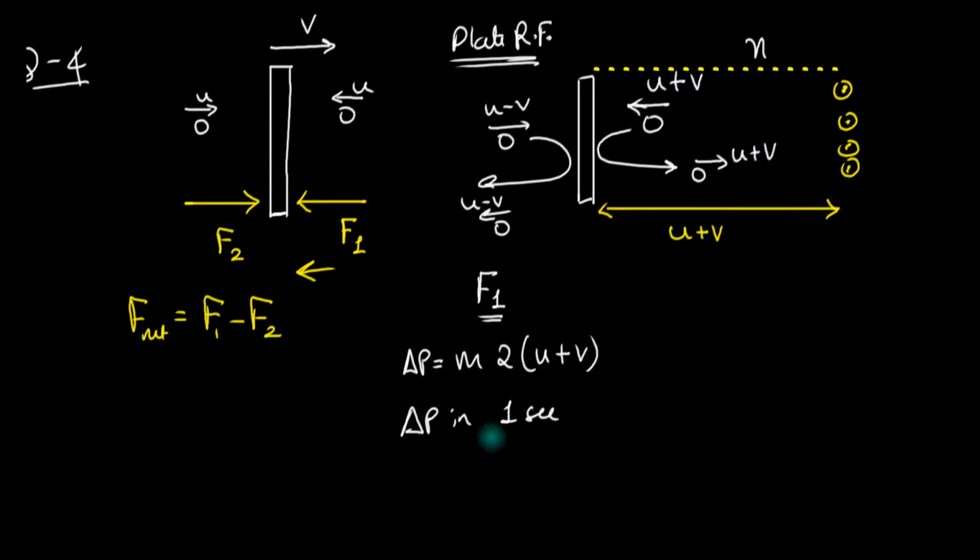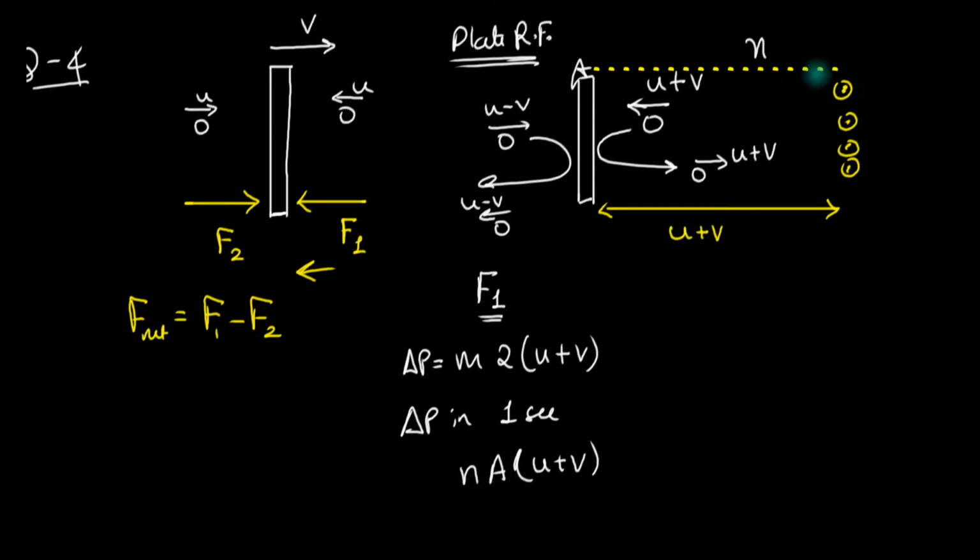And the number of molecules that hit him will be n times the volume of that box, that's going to be the area A times the length u plus v.